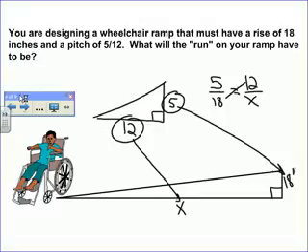I'll do that without going to the calculator. So 18 times 12 divided by 5 gives us 43.2. So we need a run of 43.2 inches in order to have that ramp have the proper rate of change, the proper slope.